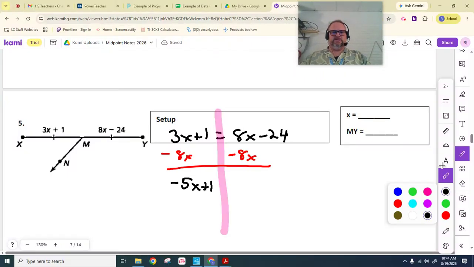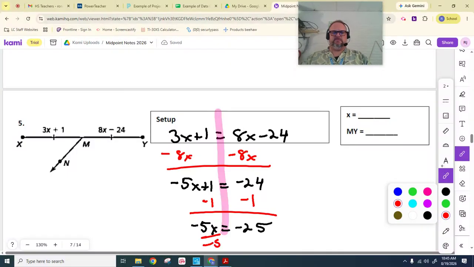X plus 1 equals negative 24. Minus 1, minus 1. X equals negative 25. All right, so this time my x is positive, it's 5.